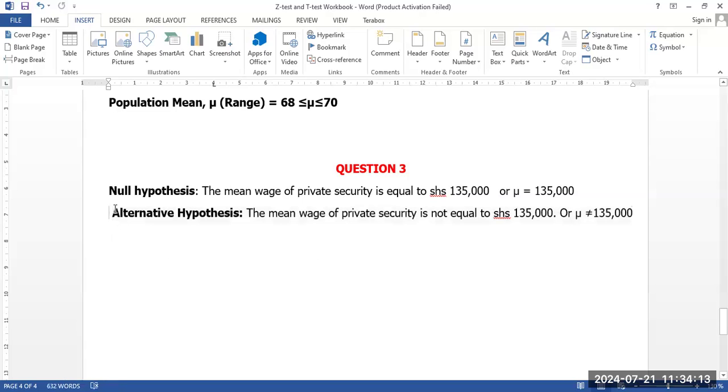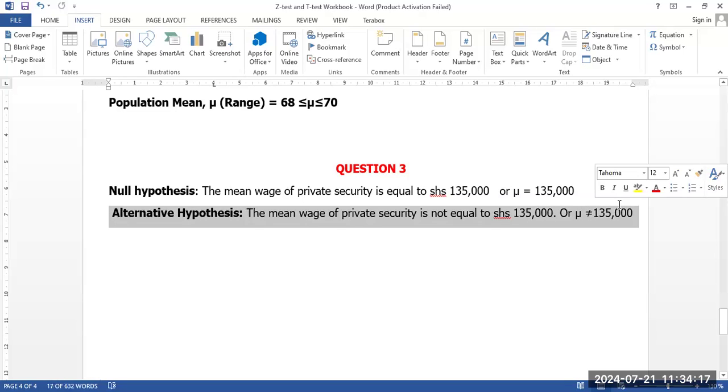Every time you are not having the side, you don't know whether to focus on the higher figure or the lower figure, then that is a two-tailed test. And if it is a two-tailed test, you must divide your level of significance by 2. If it is a one-tailed test, we don't divide the level of significance by 2.